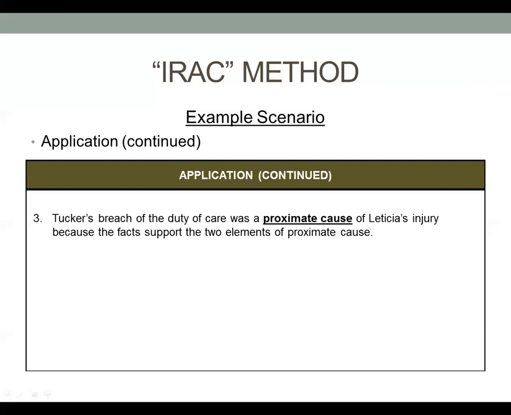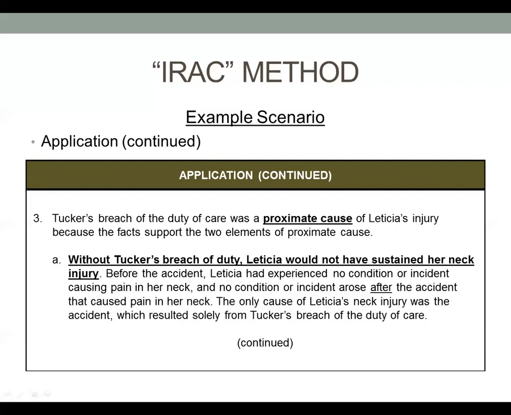Tucker's breach of the duty of care appears to be a proximate cause of Leticia's injury because the specific facts of Leticia's situation support the two required elements for proximate cause to exist. The first one is that if Tucker had not breached his duty of care, Leticia would not have sustained her neck injury.